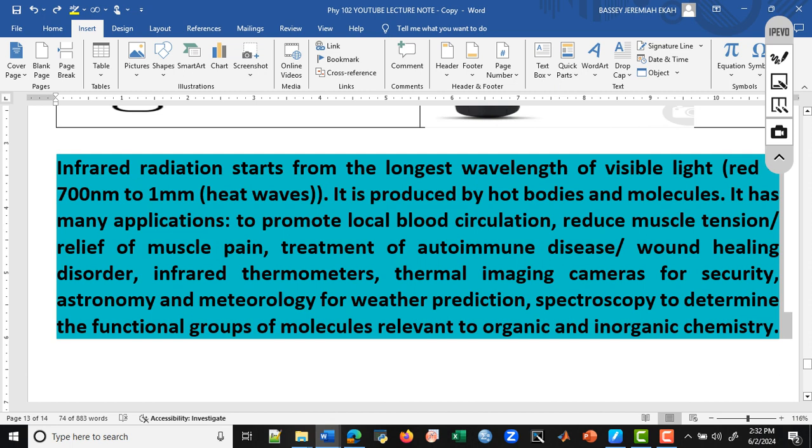In this generation, presently, when you go to places, you see the CCTV camera. Most of those cameras operate at the frequency of infrared. So even at night, where there is no light, it has the ability to still record what is happening.